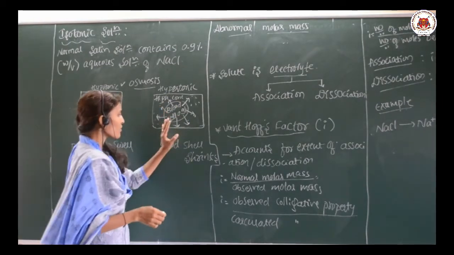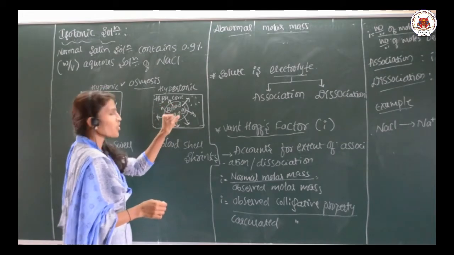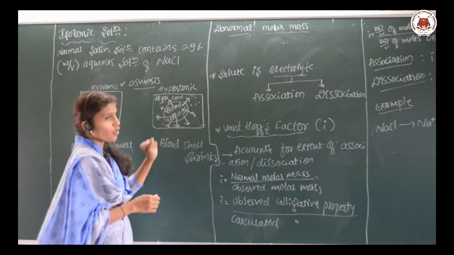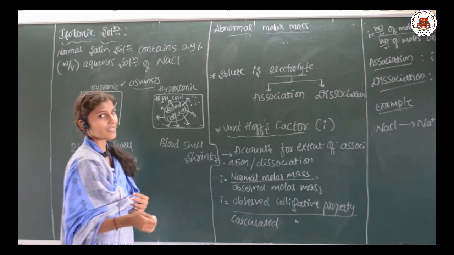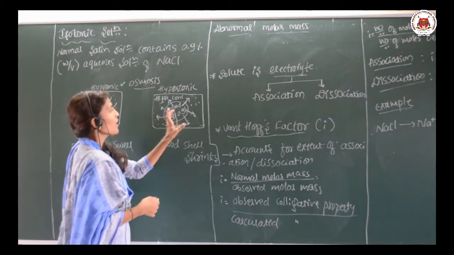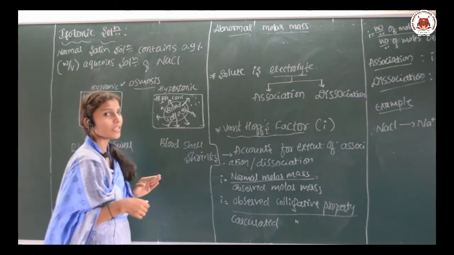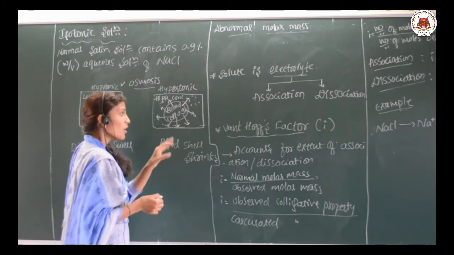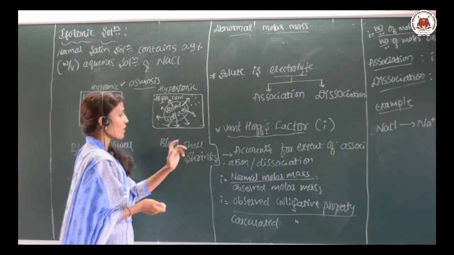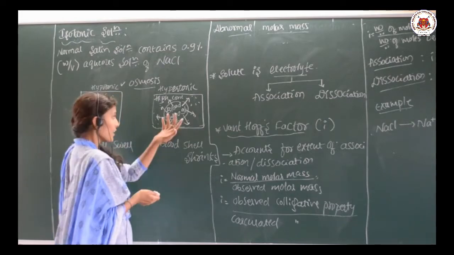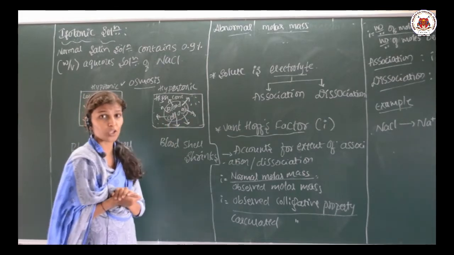So the blood cell will shrink, its size will be reduced, because outside is higher and inside is lower. There is a movement of molecules from lower concentration to higher concentration. Because of this the blood cell will shrink, and it is the example for the hypertonic.